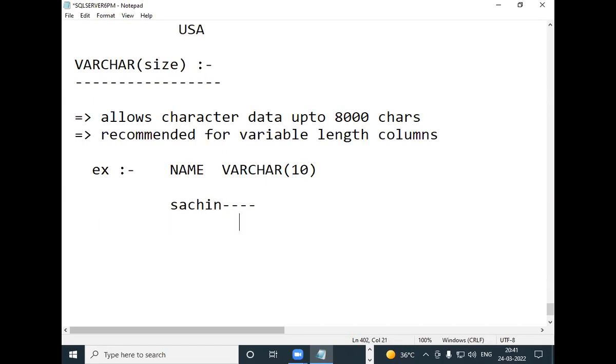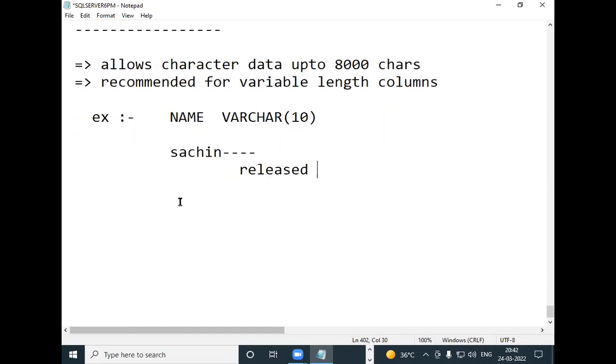The remaining 4 bytes are not wasted; they are released. In char data type, extra bytes are wasted. In varchar, extra bytes are released. So this takes 6 bytes only. Because the extra bytes are released, there is no memory wastage.